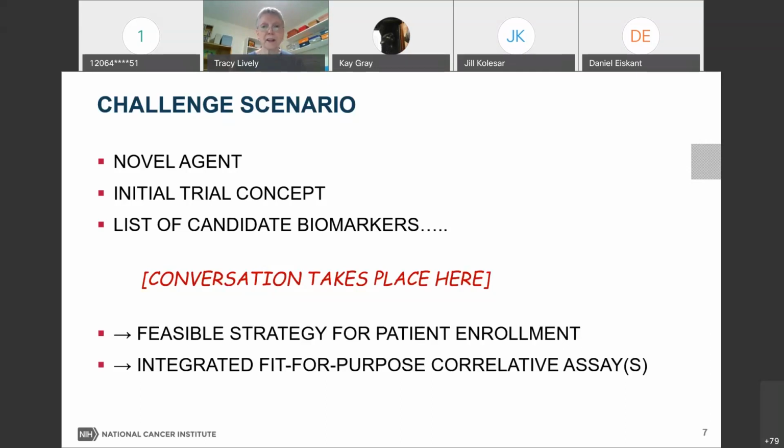It has to boil it down to a much more limited and realistic selection of biomarkers that actually get written into the LOI. So what we're going to try to do today is show you this trial team's basic concept and what their whiteboard looked like in the challenge. And we'll briefly model that conversation because it really is the key to the effective biomarker plan.